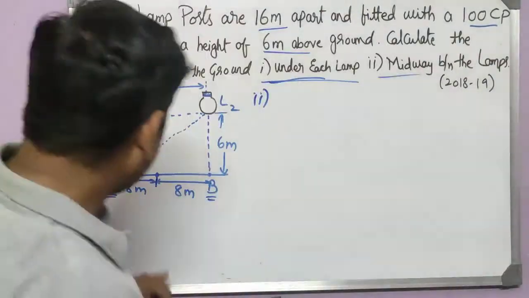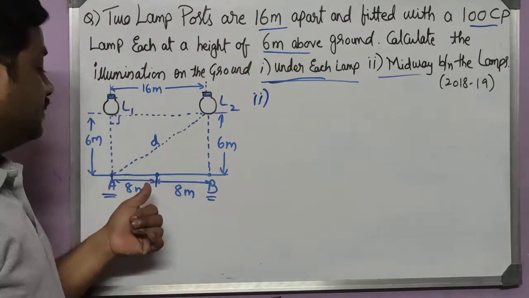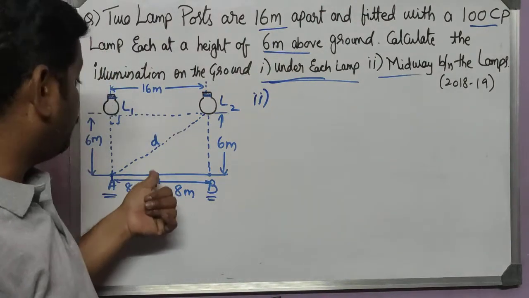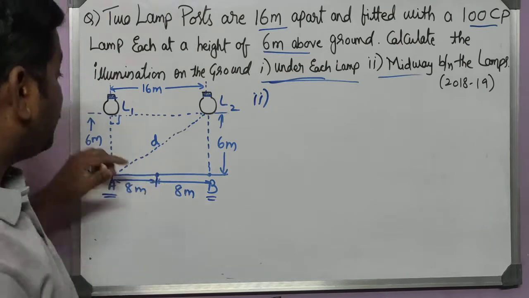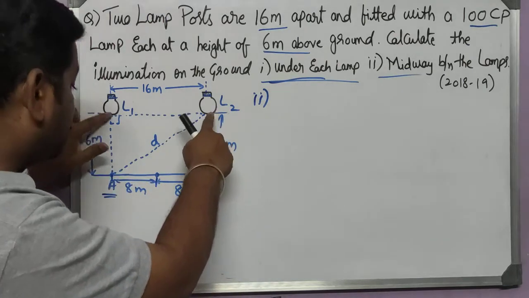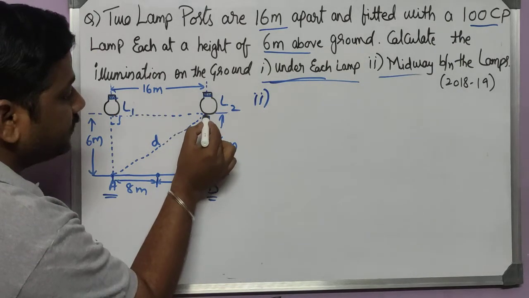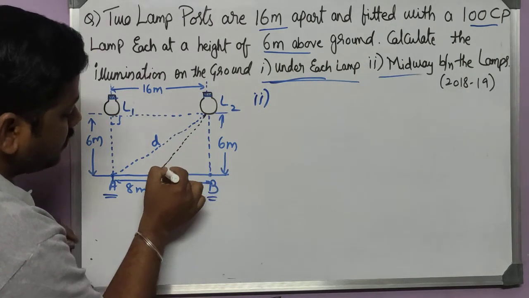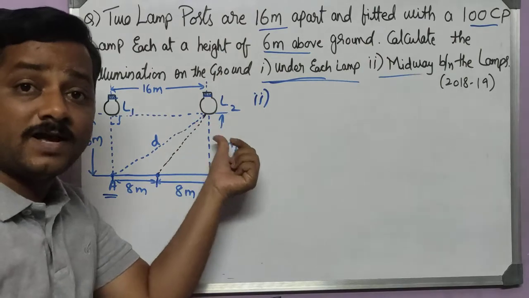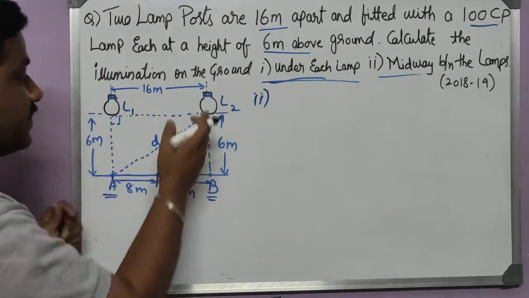One thing you need to identify here, this is the point where we don't have any source. We have the source somewhere here. From here we will get some light on this point. So we can draw it like this. The light we are getting from this is creating some angle. It is not exactly below the lamp. It is creating an angle.